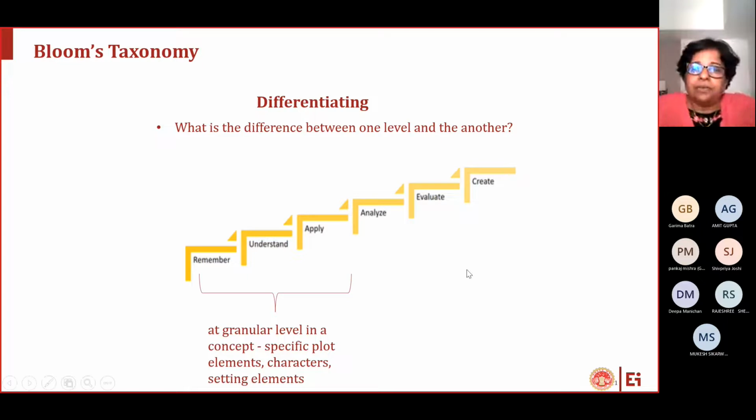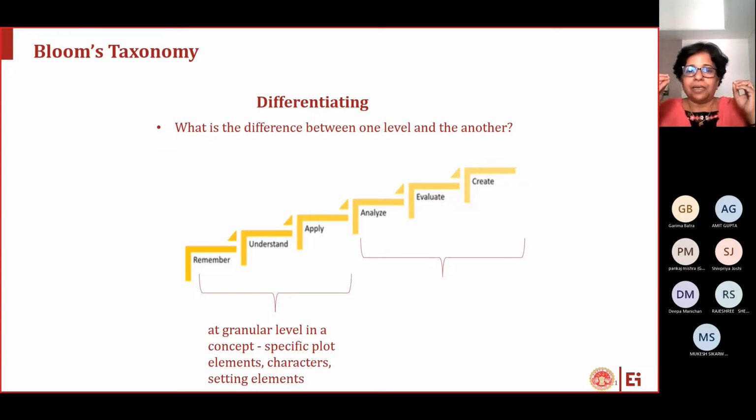Now, we have another 3 skills which can be put in another bucket, which are at a conceptual level. Like Pankaj sir said, you are looking at something as a whole, a concept as a whole, and then looking at relationships of elements inside a whole.